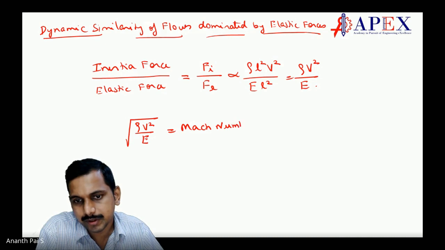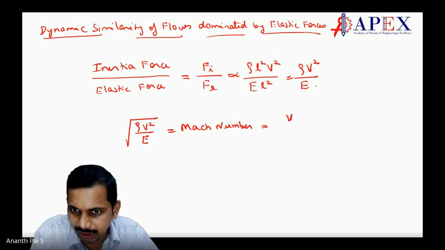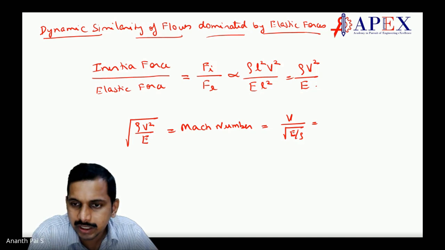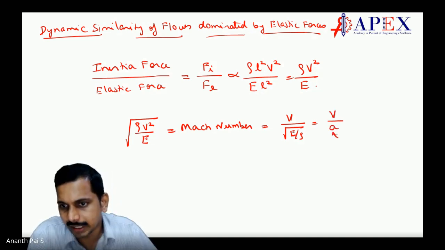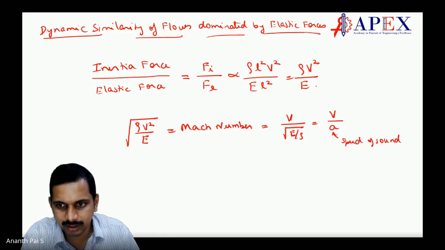Very important, this can be written as V divided by square root of E by rho. This E by rho is the speed of sound in that medium. Correct? Sound is a pressure wave, is it not? Or elastic wave, sorry.